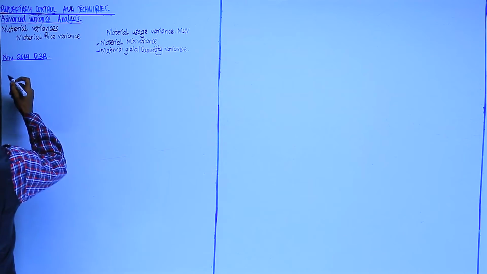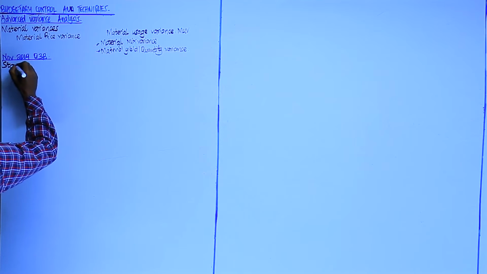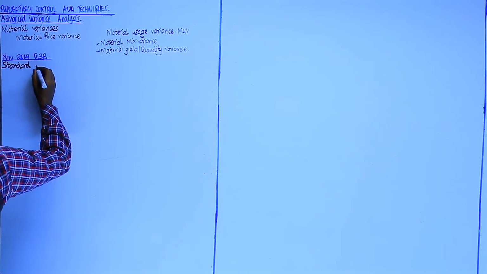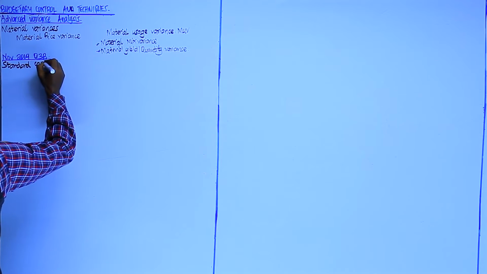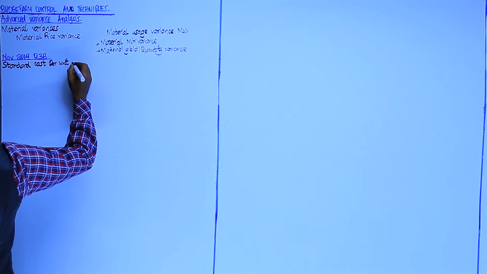Right, so let me show you this. You have your standard cost. I'm just going to transfer these onto the board very fast. Standard cost per unit of product XP, so that we move together.